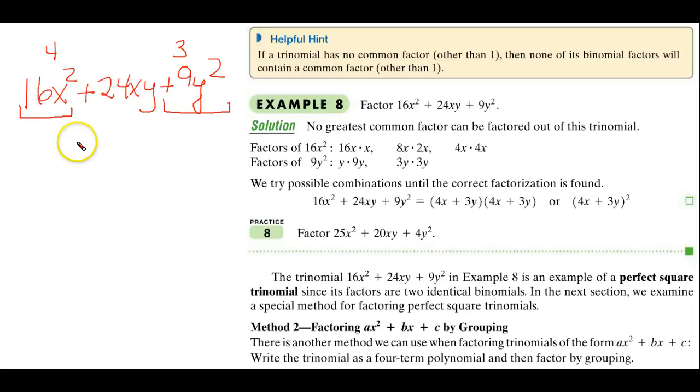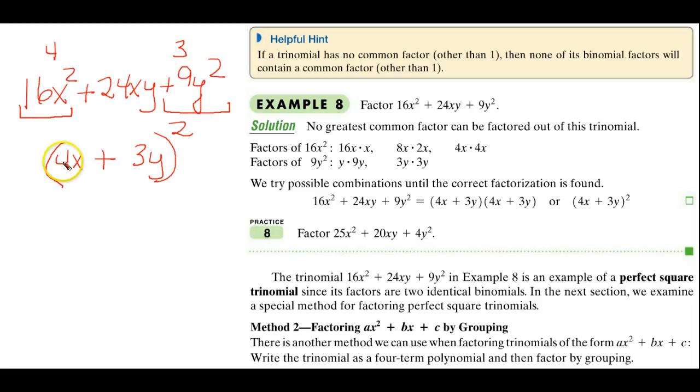This is a perfect square trinomial. And part of it is recognizing it. And we write it in this way. So this is going to be 4x, and this is going to be 3y, and we're going to use the sign of the middle term, plus.